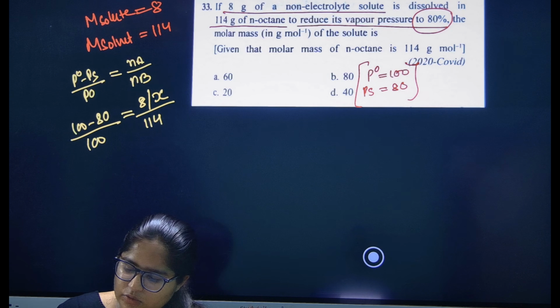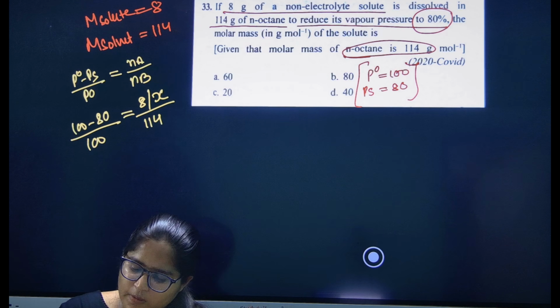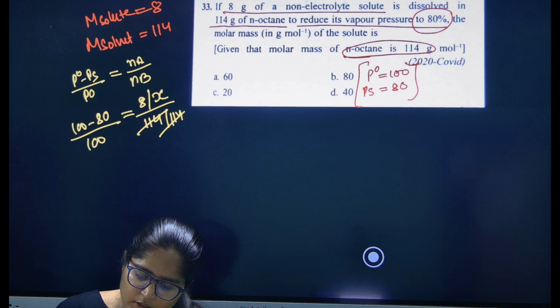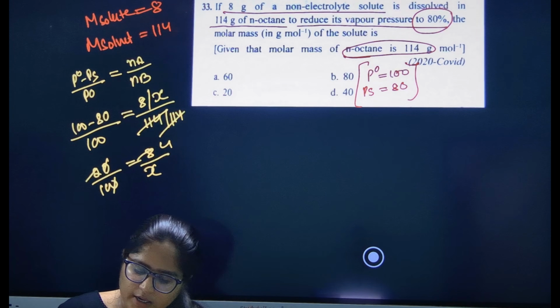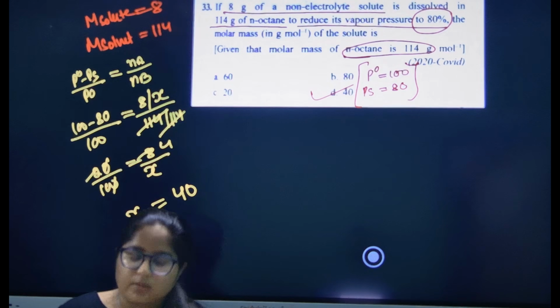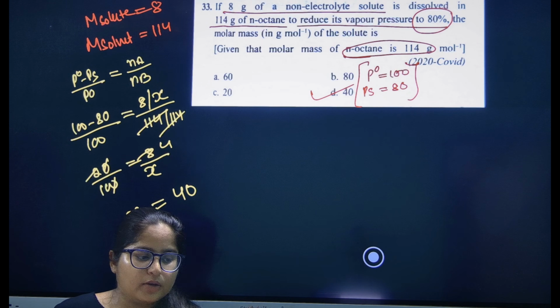Here molar mass of octane is also 114. Very simple calculation. So 114, 114 gone. From here we get 20 by 100 equal to 8 by x. Zeros gone, 2 fours 8. From here x will be equal to 40. So which option? Option number D is the right answer. Clear? Okay.